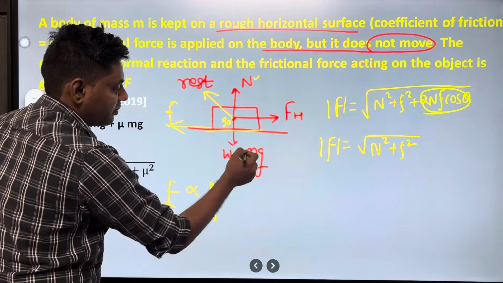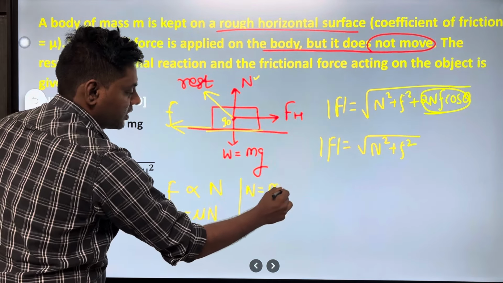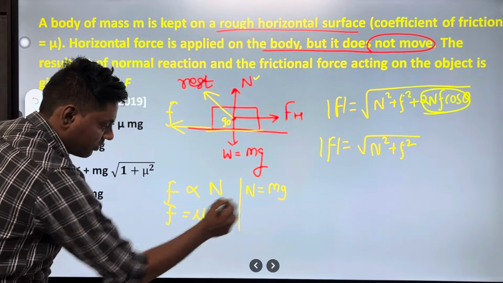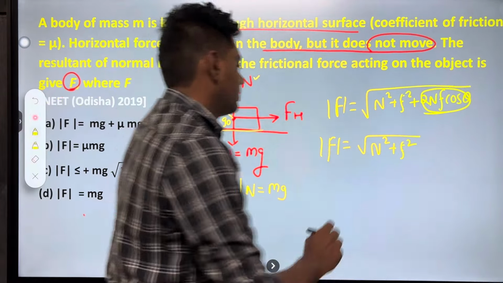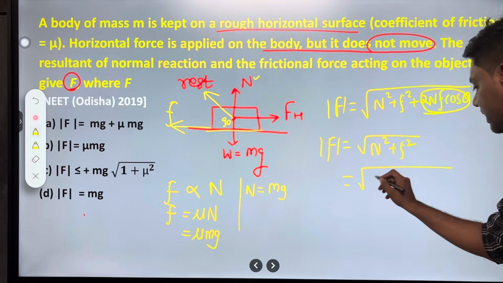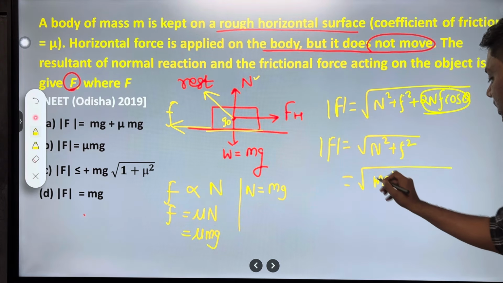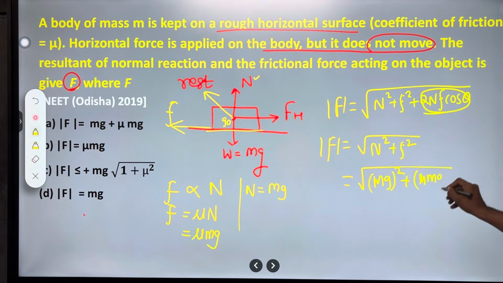And what is meant by normal reaction? Normal reaction exactly balances the weight, so N equals mg. Putting N equals mg, we get frictional force as mu into mg. In this expression, put the value of N square, that is (mg) square, plus the frictional force, that is (mu mg) square.